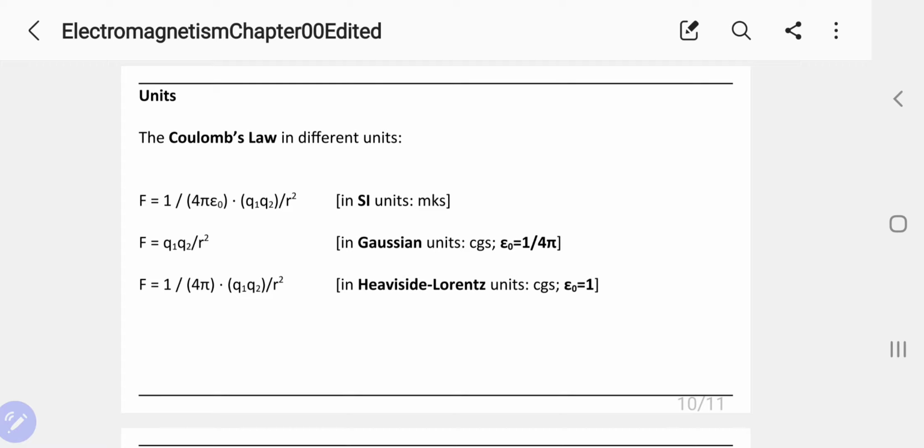The book that we're using always refers to SI units. Other books use Gaussian units, where 1 over 4 pi epsilon naught is equal to 1, such that they just write the force as the product of the two charges divided by the distance squared between them.